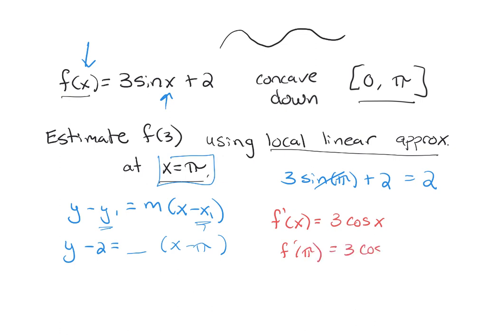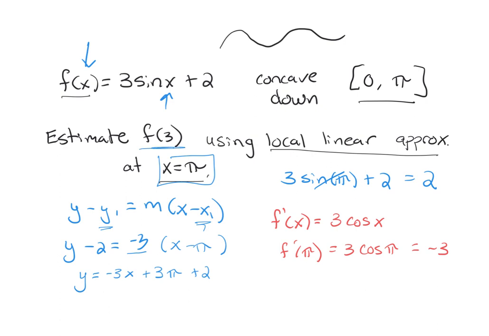So 3 times cosine of pi equals negative 3. So negative 3 here. If I convert this to slope-intercept, I'll have y equals negative 3x plus 3 pi plus 2.